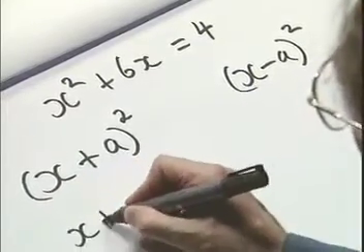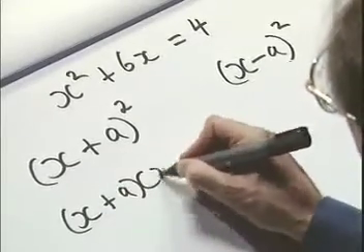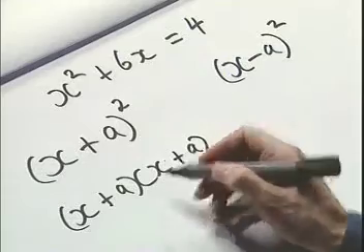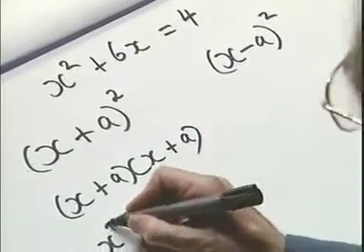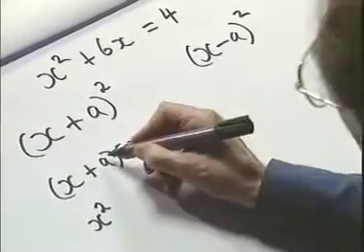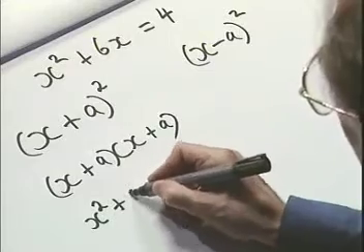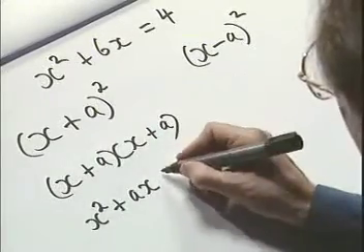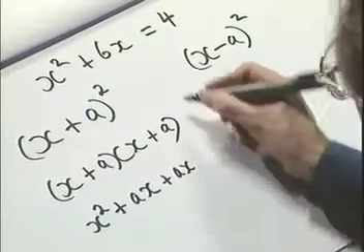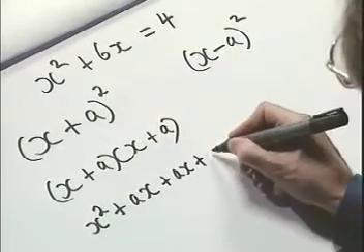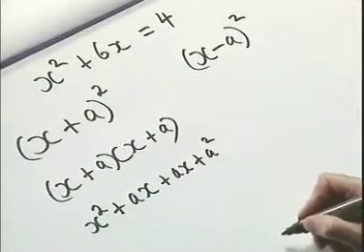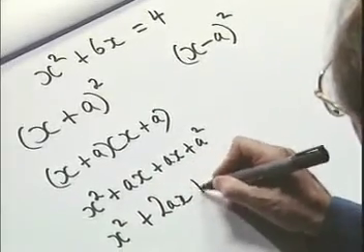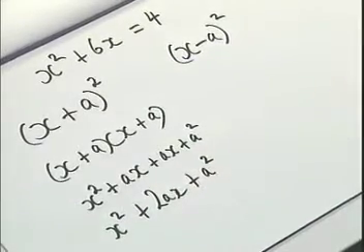So this is x plus a times by x plus a, and we do x times by x, that gives us x squared. And we do a times by x, which gives us ax. And then with x times by a, which again gives us ax. And then at the end, a times by a, which gives us a squared. And so we've x squared plus 2ax plus a squared.